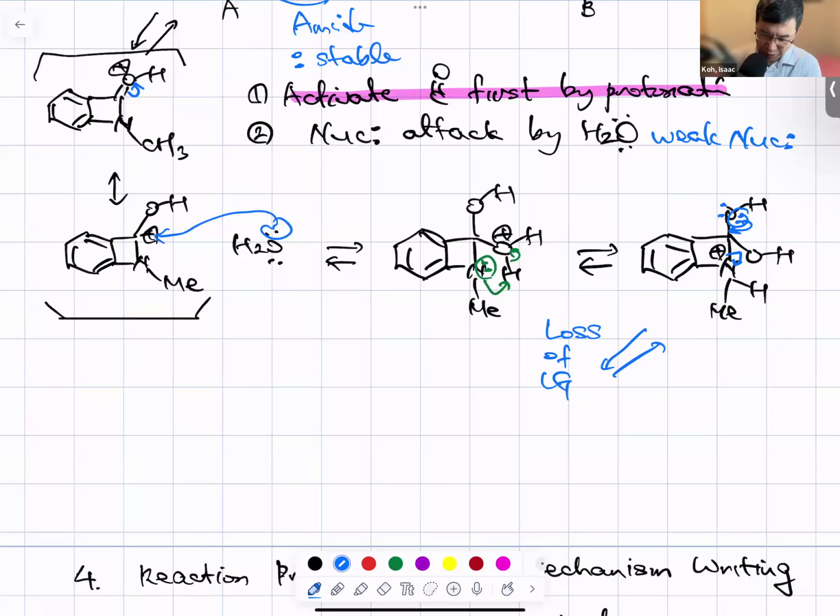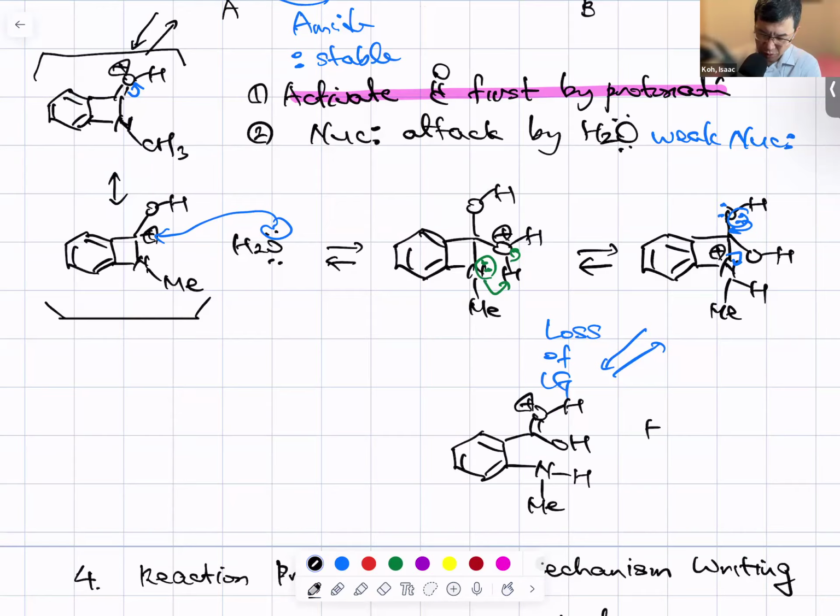The C-N bond dissociation reaction occurs, and now it is forming OH and OH here, and now nitrogen with methyl and hydrogen, like this. This one has a positive charge, and now we can use water or other amines, either way.